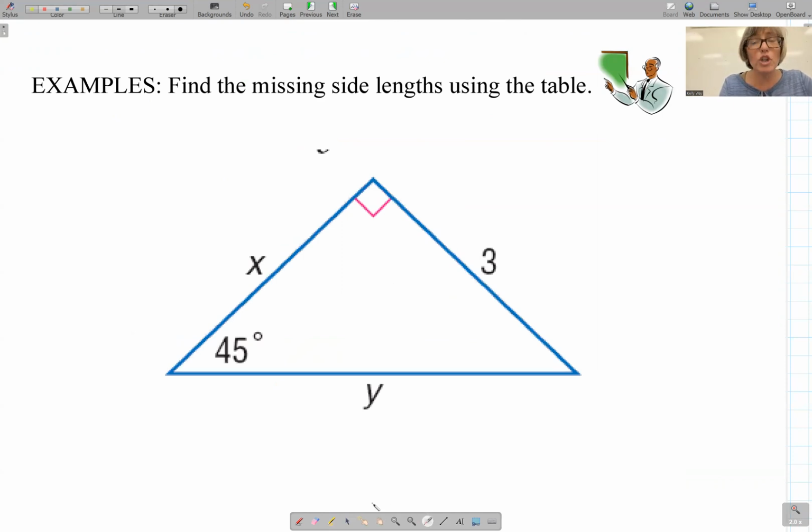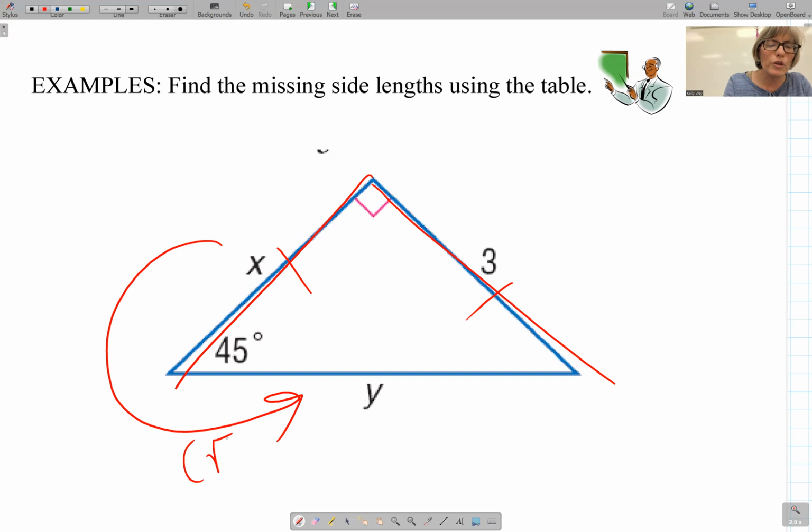Now, I'm going to chant and touch at the same time. You should get in the habit of doing that as well. So watch where the pen goes and listen to the sounds. 45, 45, 90. Leg, leg, leg, root 2. So notice what I did.